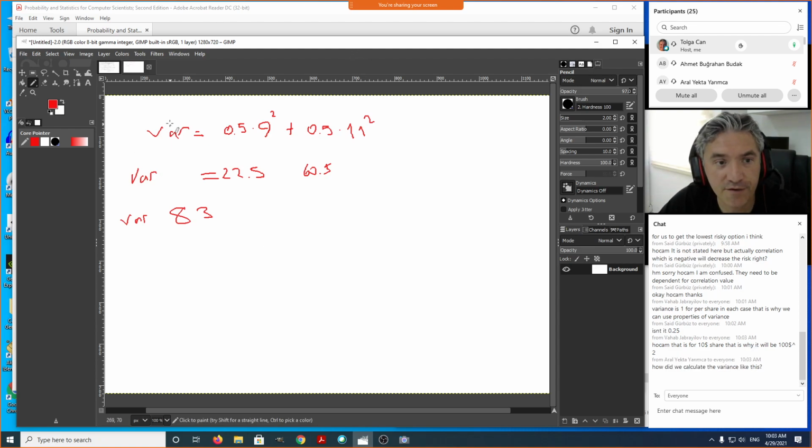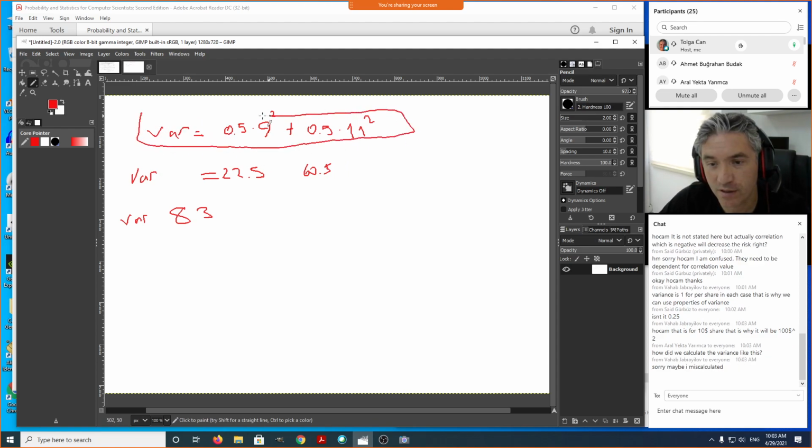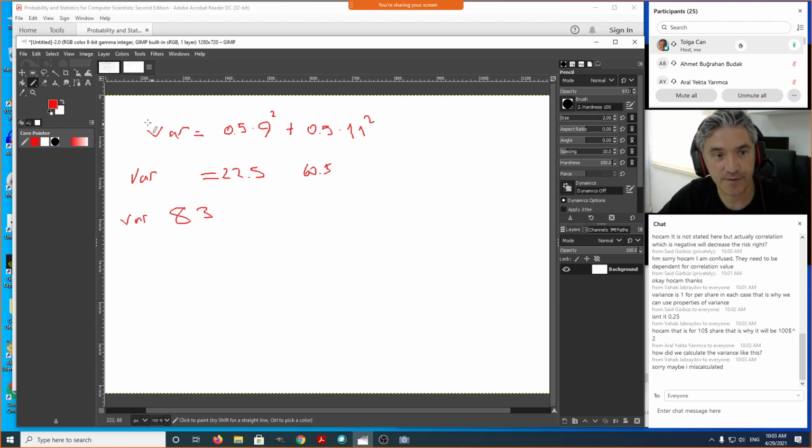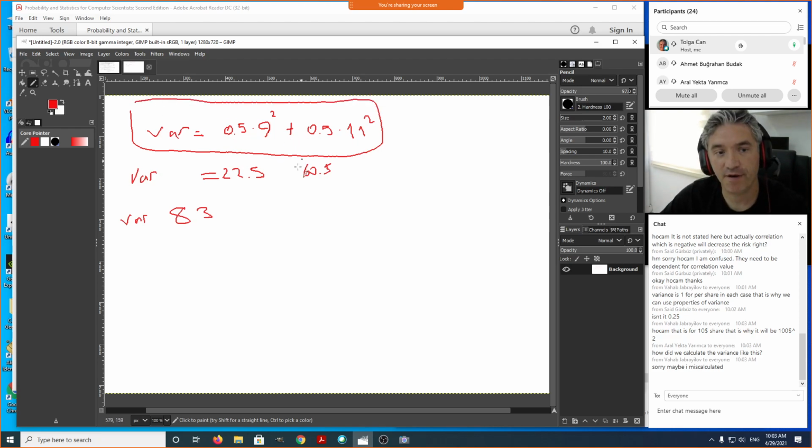This is the variance of a single share. What I computed here was the variance of a single share. If I have a single share of A, this is the variance of a single share, which is 83.